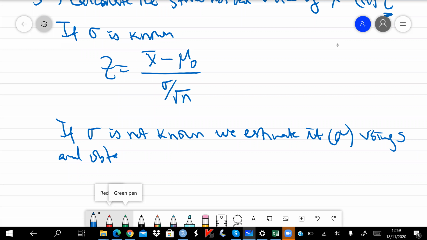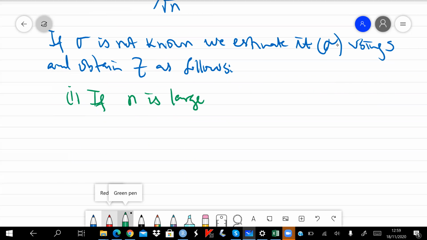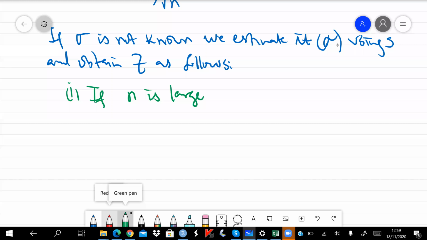And there are two scenarios. Roman 1, if n is large, if the sample is large, you continue using Z. So you say that Z is given by x bar minus mu naught over S over root n.